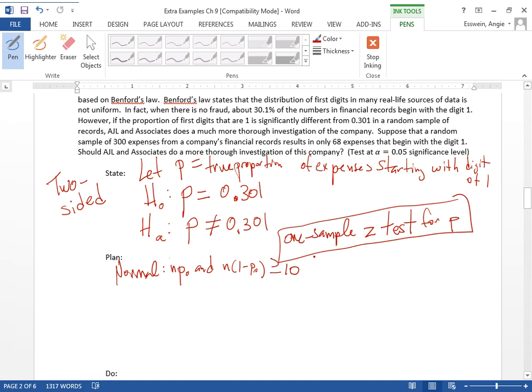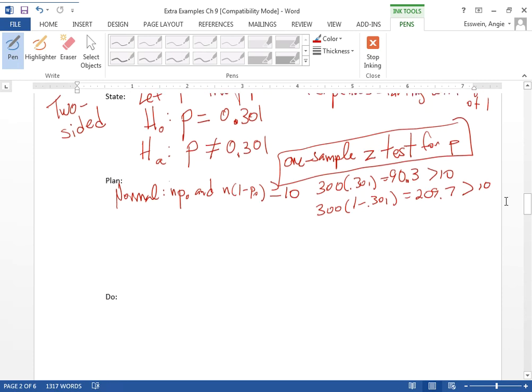So 300 times 0.301 is about 90, which is greater than 10, and 300 times 1 minus 0.301, about 70%, will give you about 209.7, and that's also greater than 10. You have to plug in those numbers to show. Okay, so we are ready. That means our sampling distribution of p hats will be approximately normal, which lets us do this.